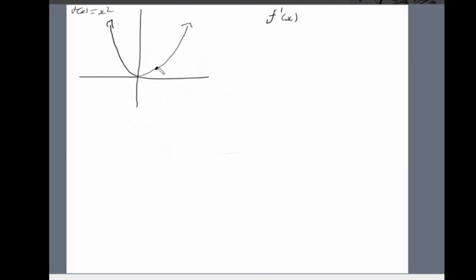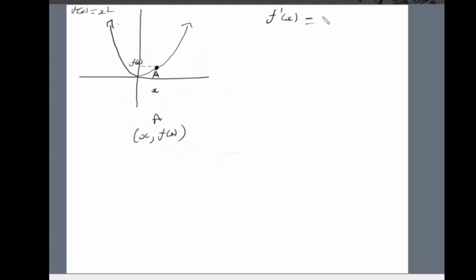So let us have our point x here, and this point here will be f of x. The coordinates of that point, let's call it point A, are x, f of x.